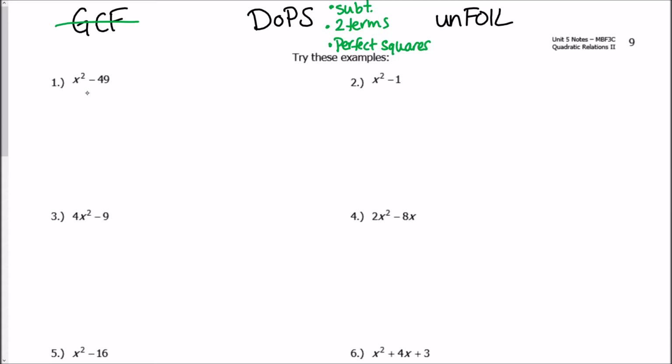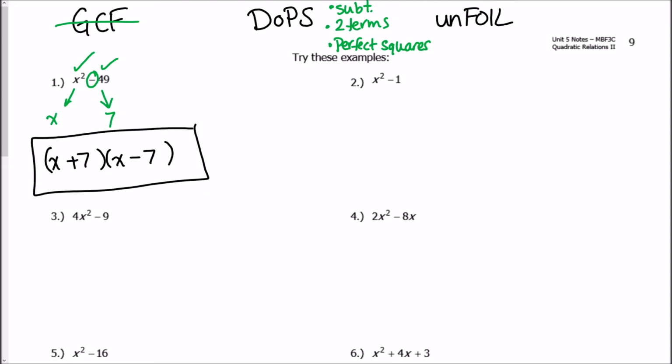So if you notice right here, we do have subtraction, we do have 2 terms. The square root of x squared is x, and the square root of 49 is 7. So this does work. So it's a difference of perfect squares question. So we're going to say it's x plus 7 times x minus 7. And that's my answer for this question right here.